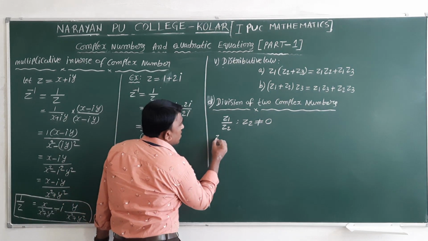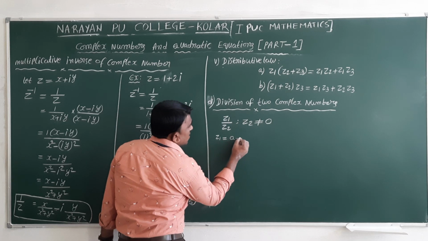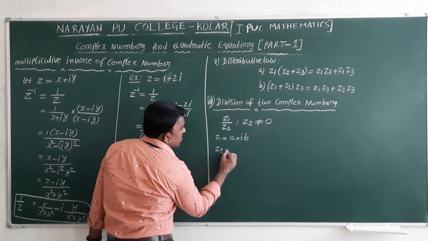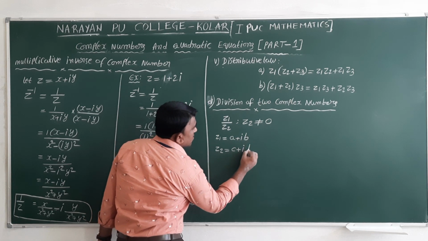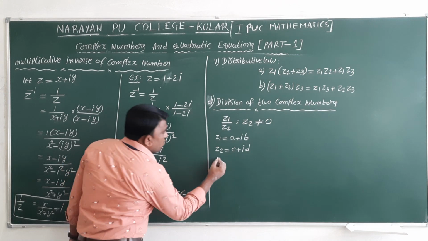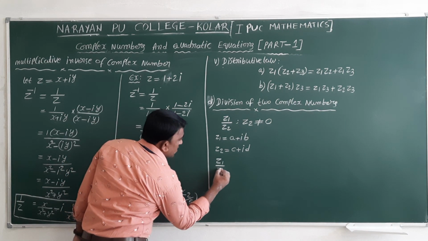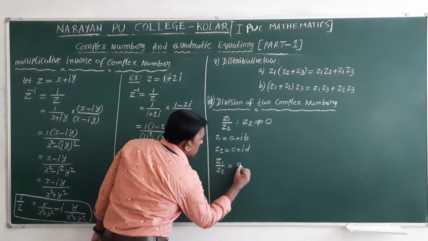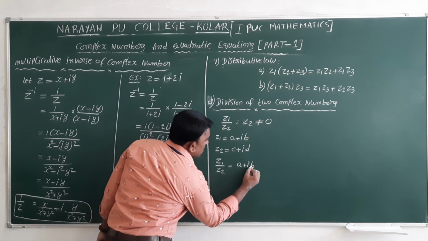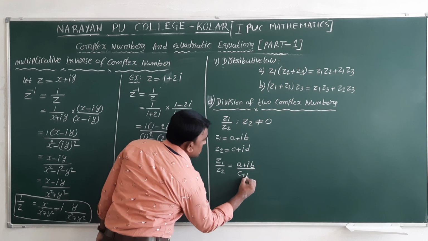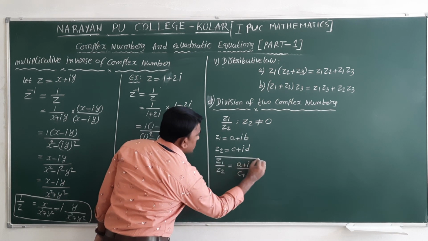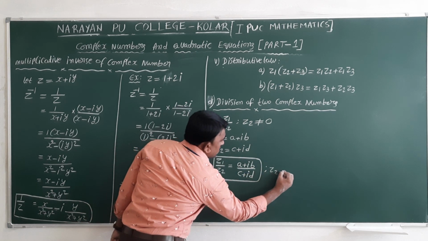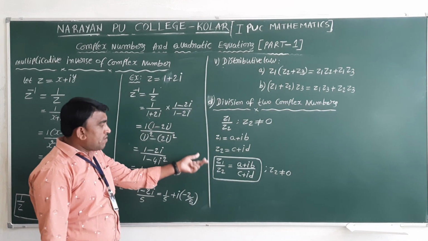For example, z1 is a plus ib, z2 is c plus id. Division is defined by z1 by z2, so a plus ib by c plus id, provided z2 is not equal to 0.